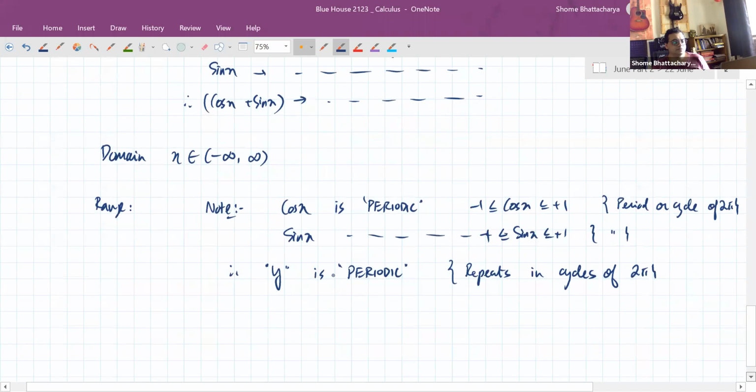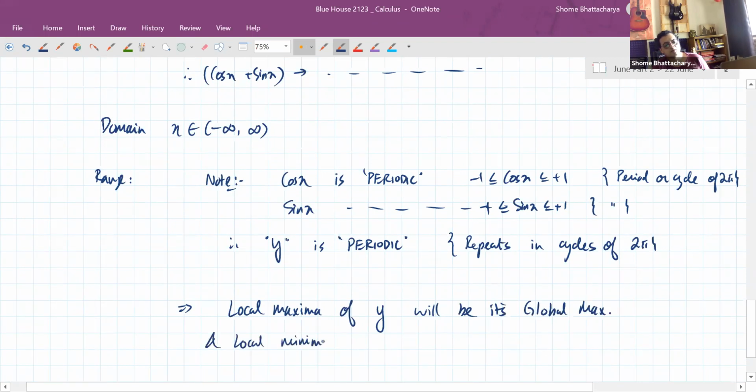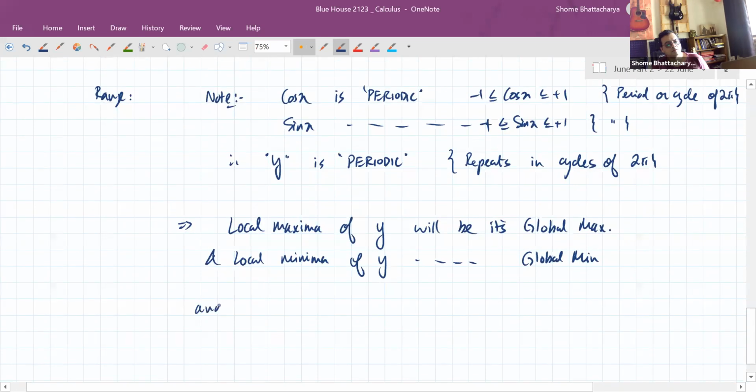So the moment we understand y is periodic, we can say that the local maxima of y will be its global maximum, and the local minima of y will again be its global minimum. And these will repeat in cycles of 2 pi.